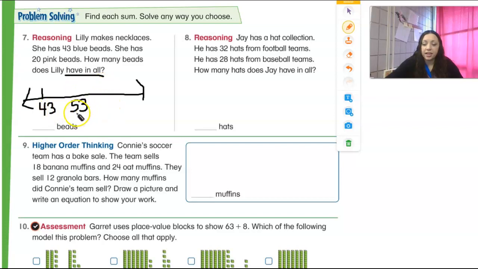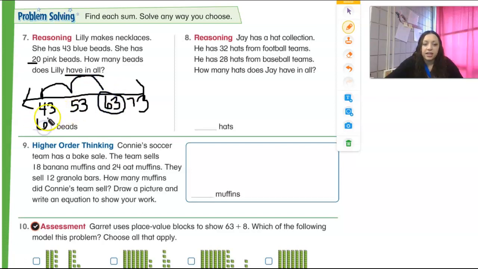Add another 10. I had 5. Now I have 6 10s and 3 1s. What if I wanted to add another one? Then I would have 7 10s and 3 1s. See how the pattern? Well, I'm adding 20 to it. So 20 is how many 10s? 2 10s. So I'm going to jump 1, 2 times, and what do I land on?